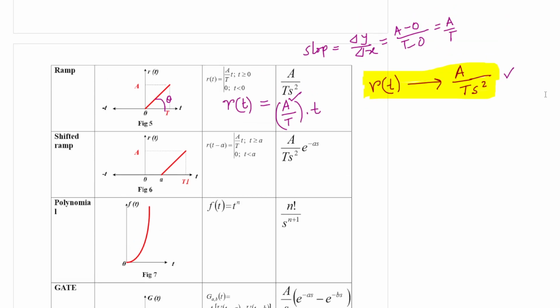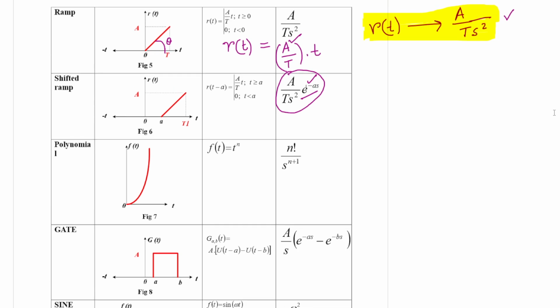Now similarly, if we have a shifted ramp, shifted by some value a, this is the product in the time domain, product in the frequency domain, so similar results.